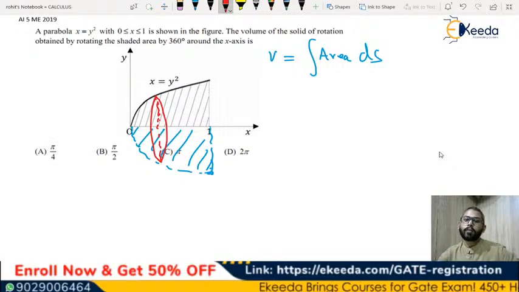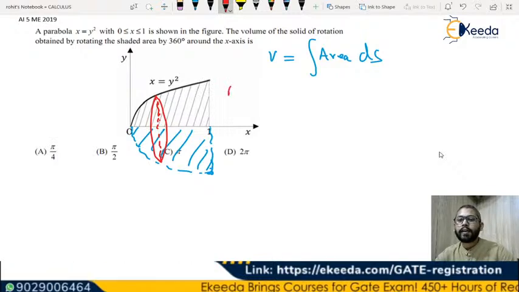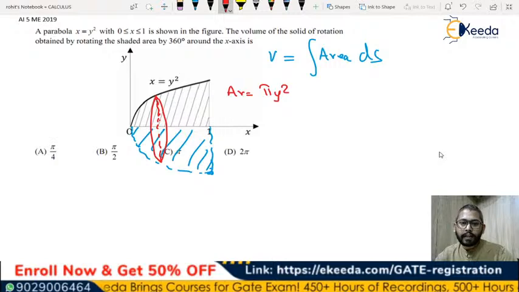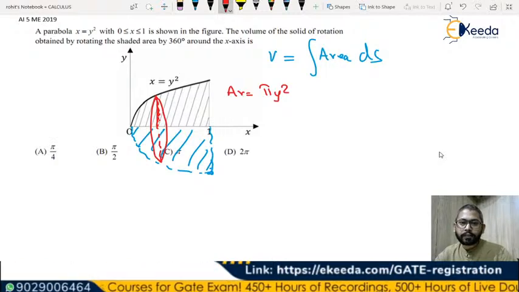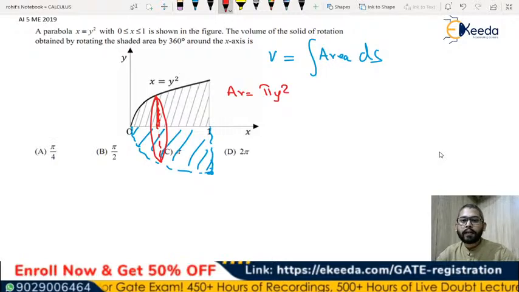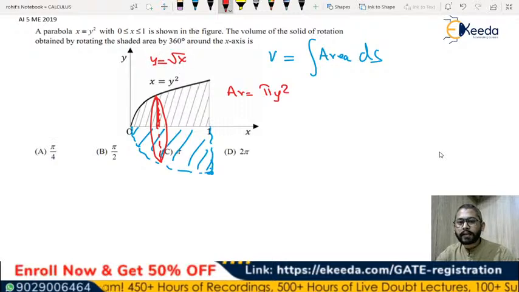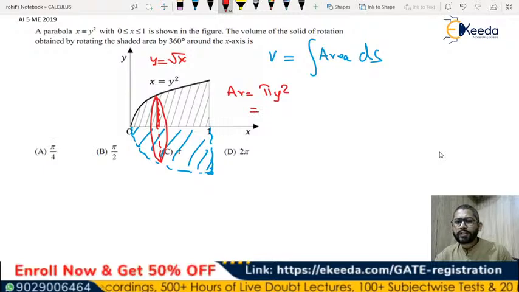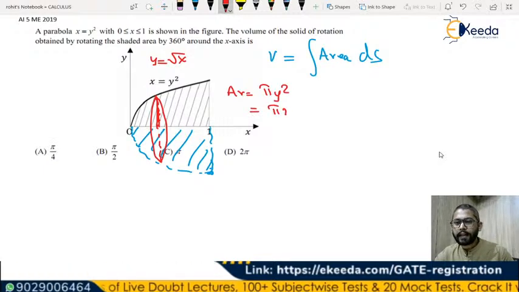This is the area I am talking about, and this area will be pi y square. Why? Because y is the radius. What is y? x is equal to y square, so y is equal to root of x. So y square is equal to x, so pi x.